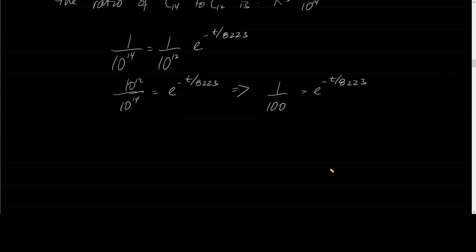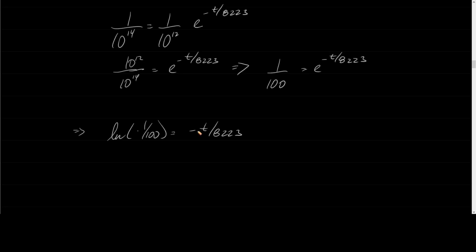Taking ln of both sides, I end up with ln of 1/100 is equal to negative t over 8,223. And lastly, I'm going to multiply both sides by negative 8,223, which gives me that t is equal to negative 8,223 times ln of 1/100.